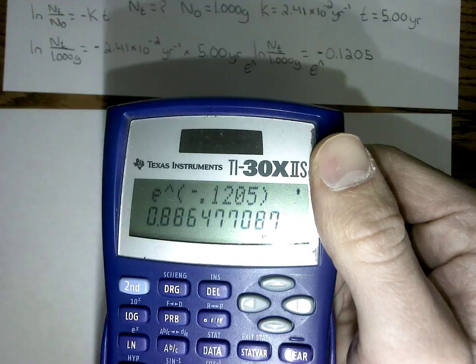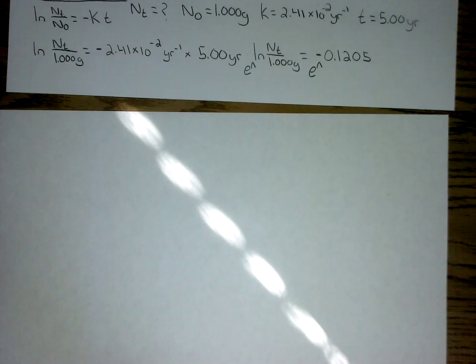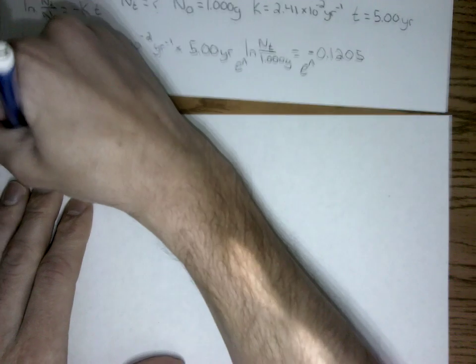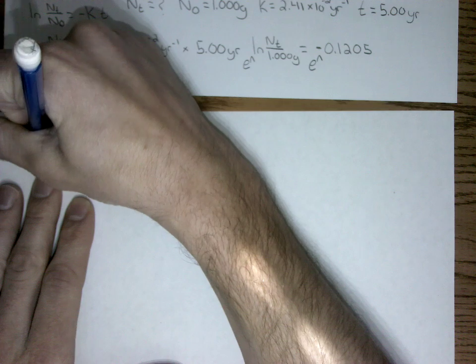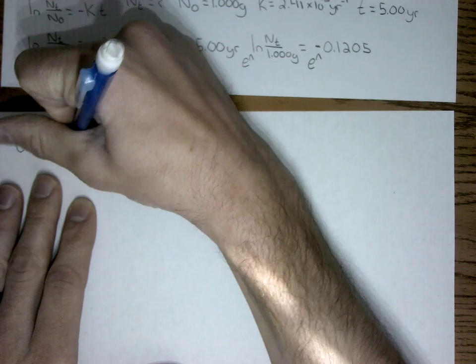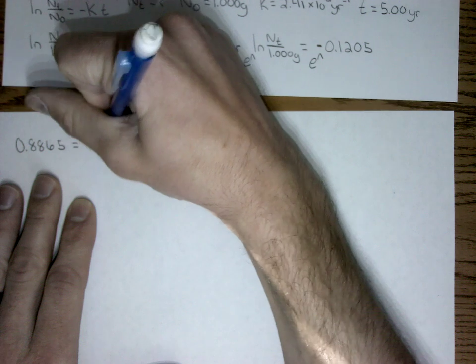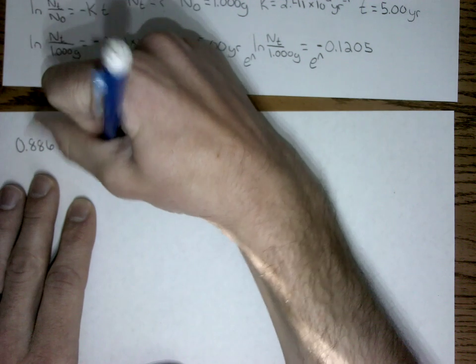Again, I just put this inverse natural log and I got 0.8865. So 0.8865 is equal to NT over 1.00 grams.